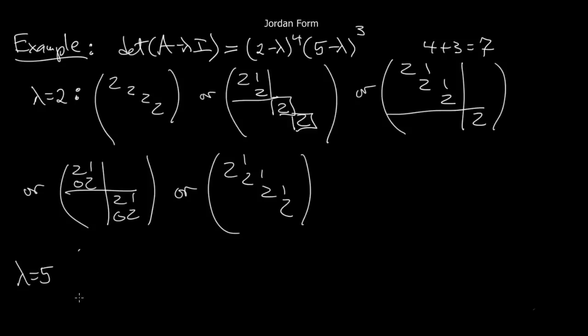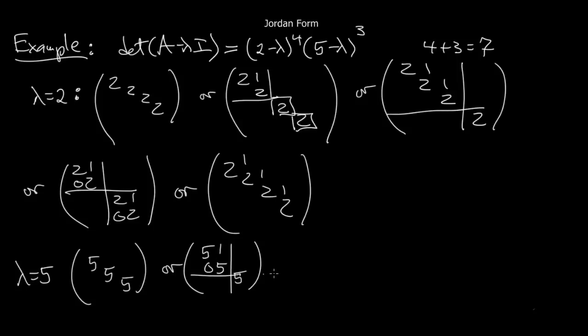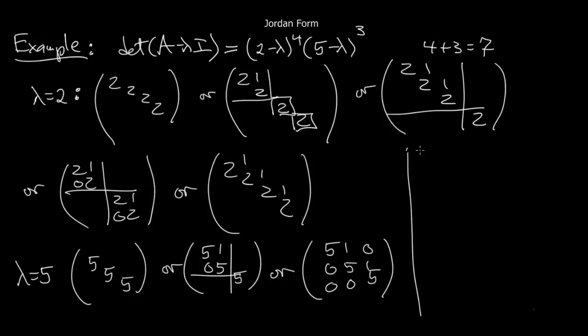And when lambda is equal to 5, the 3 possibilities are diagonal, or 2 by 1, or a single block of size 3. And the theorem says that this matrix A, after a change of basis, can be put into a block form of this type.